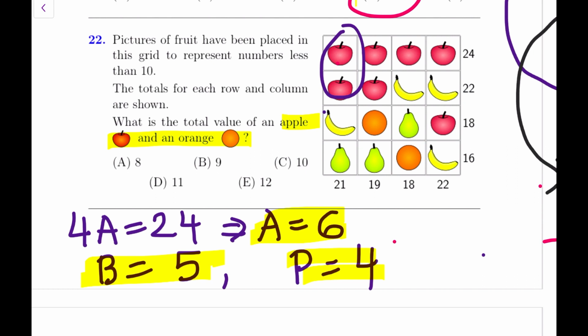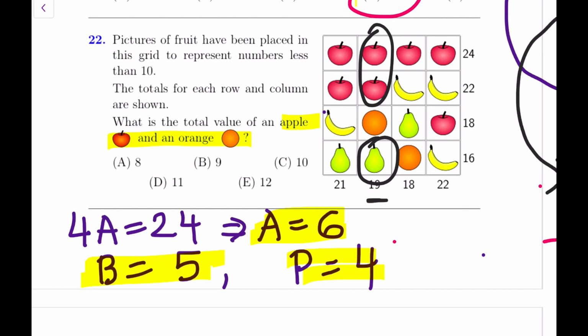Actually, you can look at any of the rows or the columns and it will give you the answer. But just because I'm on columns, let's work on column number 2. 2 apples, 12. Pear is 4, 12 plus 4 is 16, but the total here should be 19.